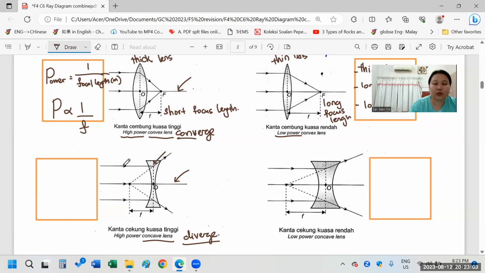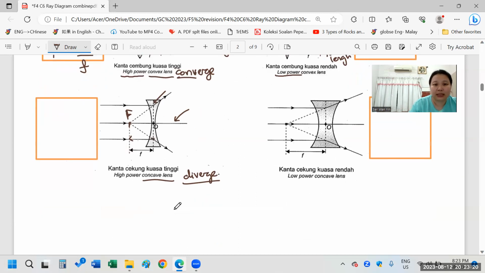Okay, so this is the focus we draw. Then this focus is before. Normally we draw the point with a capital letter and the length with a small letter. This one we always learn in maths.